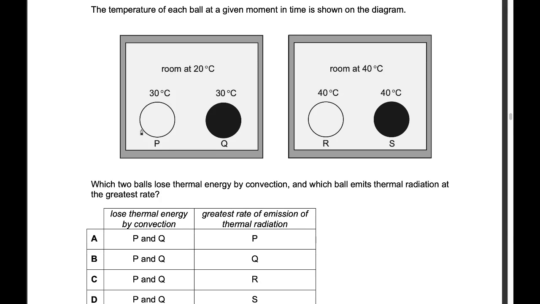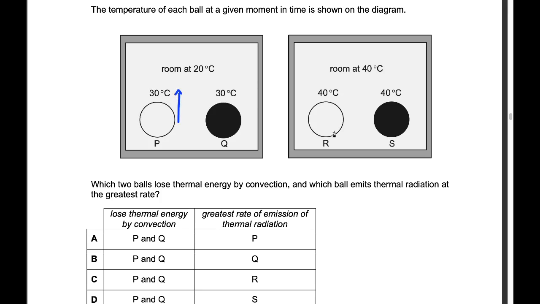So let's start with the first part of the question. Which 2 balls lose thermal energy by convection? That has to be P and Q, because they're in a room that is cooler than them. Okay, so you can think about it as the air right next to P and Q will get heated up, and then it will lower its density, and it will rise on a convection current in the room.